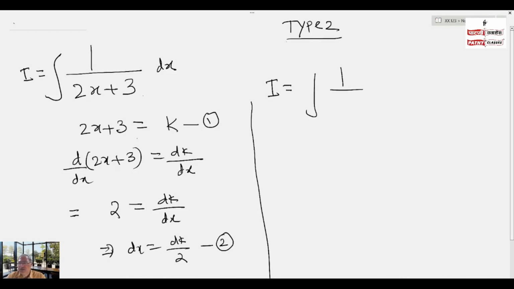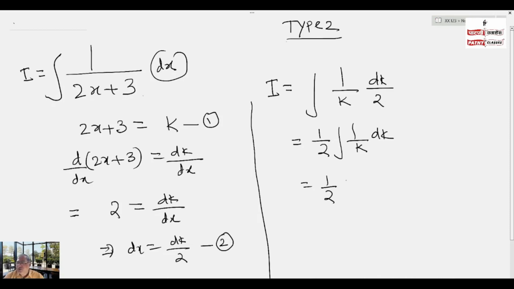integration of 1 upon 2x plus 3. Since 2x plus 3 is equal to k, I am going to put k here. So 1 upon k, and dx. The dx is equivalent to dk by 2. So I am going to use that dk by 2, and 1 by 2 is of course a constant, which can be taken out of the operation. So I have 1 by 2 times integration of 1 upon k dk, which is nothing but log modulus k with base e, equals 1 by 2.